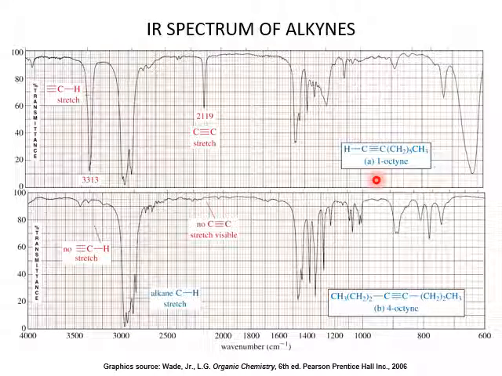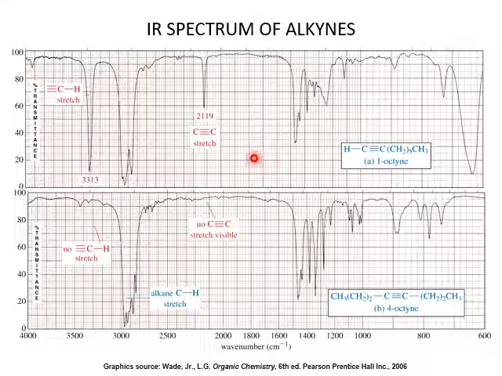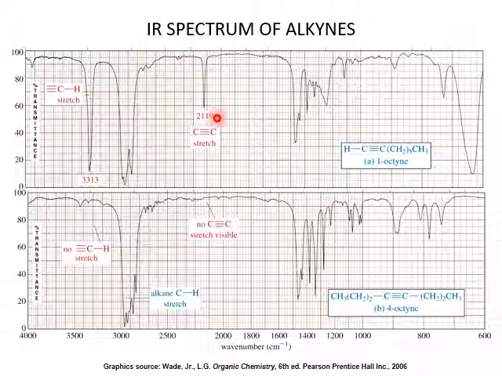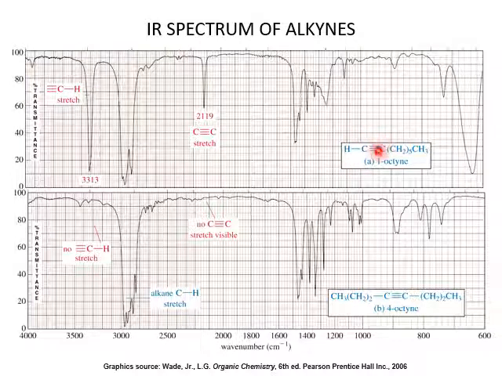But when we have alkyne, we have two signs. The first one is the CH stretch from the triple bond of carbon-carbon around 3,300. In addition to that, the triple bond of carbon-carbon around 2,000. But here there is a condition: the bond must be polar.